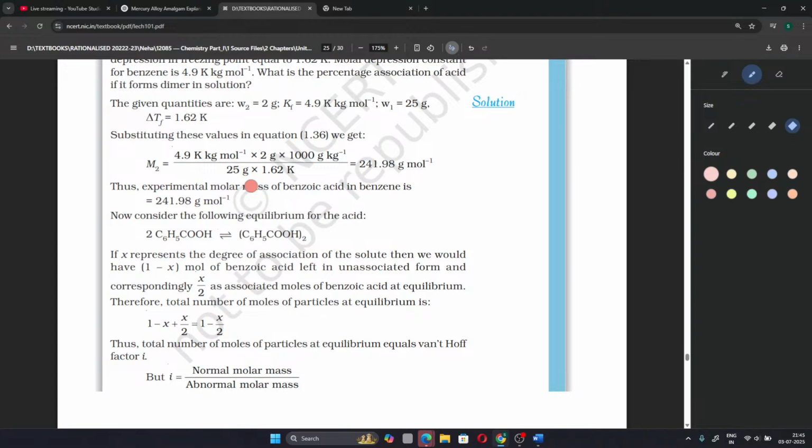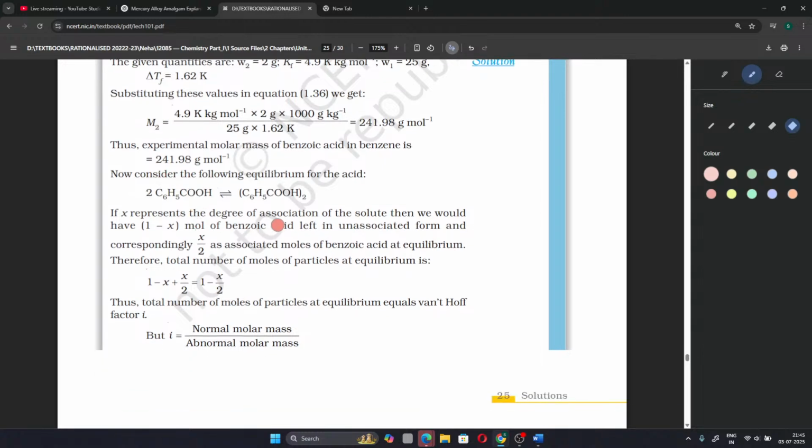For the experimental value, we assume there is no dimerization as such. In such a case, taking the exact values, we get M2 to be around 241.28. This is the abnormal molar mass. The experimental molar mass of benzoic acid in benzene is 241.98 gram per mole, approximately 242.